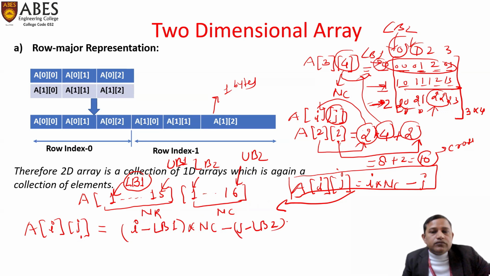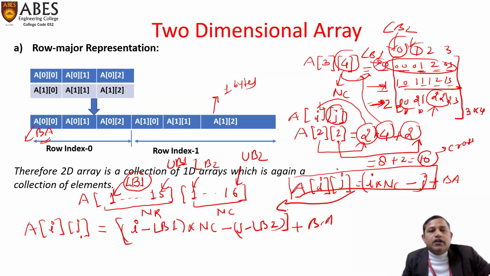Plus the base address. Don't forget to add the base address because you will start with the base address. If you don't have the base address, you cannot find the address of any element. So this is the general formula.